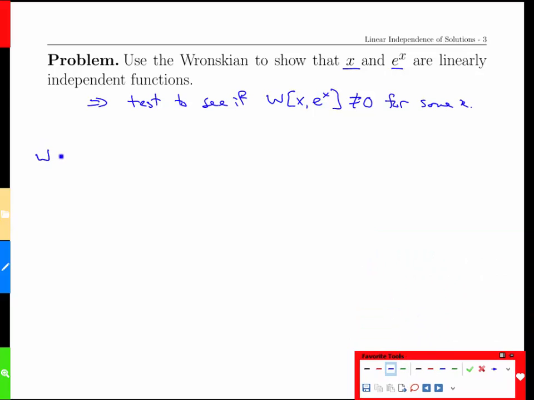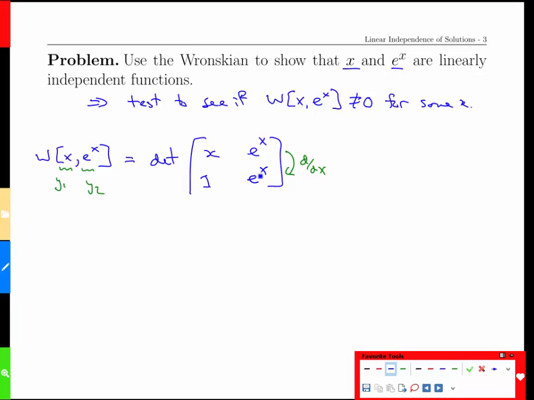So how do we test that? We actually compute the Wronskian. This is our y1, y2, and we just put them into matrix form. So we're going to take the determinant of x and e to the x. The second row is simply the derivative with respect to x of each element, and the derivative of e to the x is e to the x.